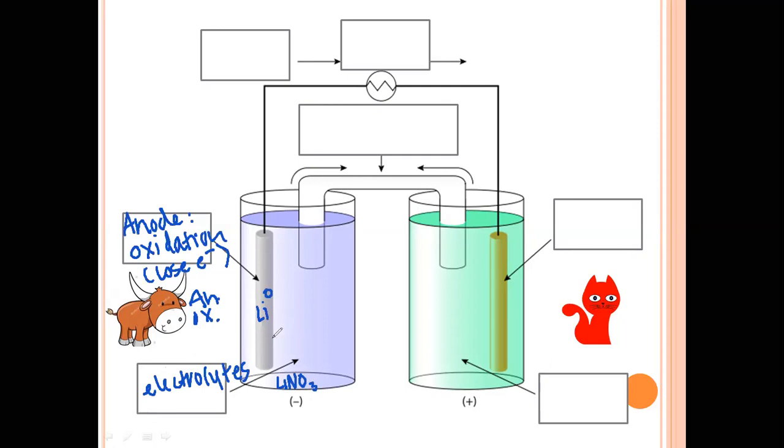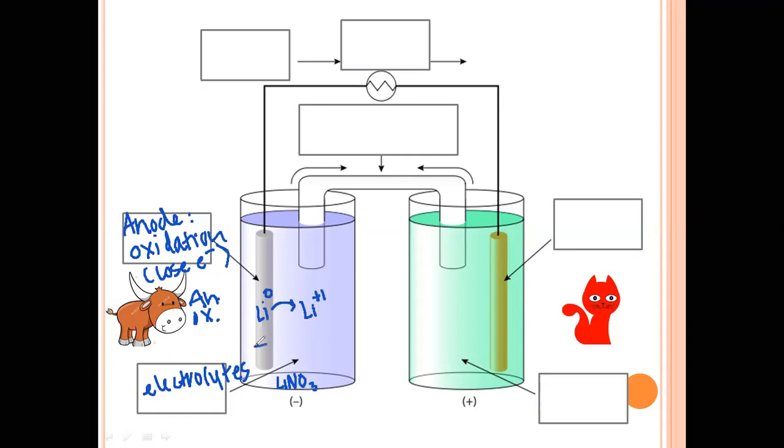Okay, so what's going to happen here is lithium is going to get oxidized. So lithium metal is going to change into lithium plus 1 and 1 electron. So the metal, part of it breaks off and becomes an aqueous ion.